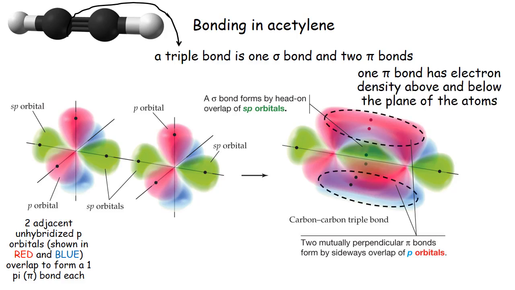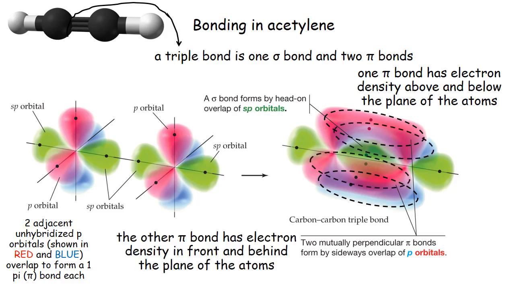One pi bond has electron density above and below the plane of the atoms, just like in the last example with ethylene. And then there's a second pi bond that has electron density in front of and behind the plane of the atoms. So it's sort of like a cylinder of electron density going around.